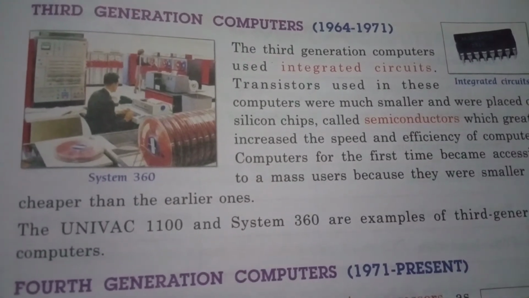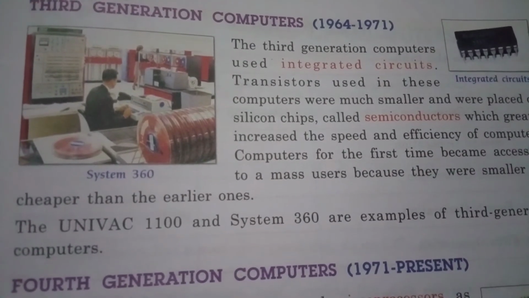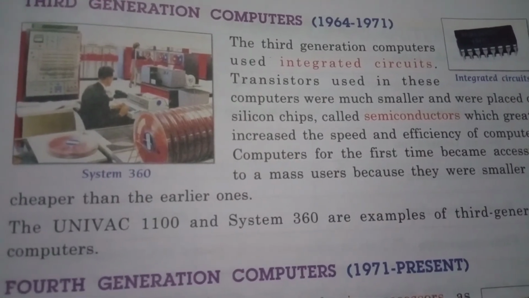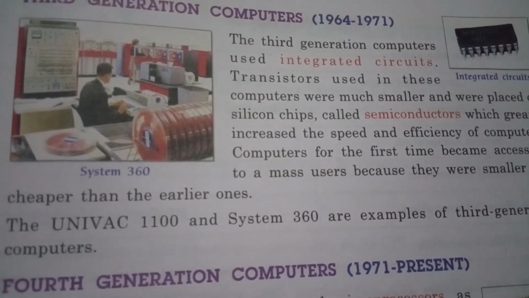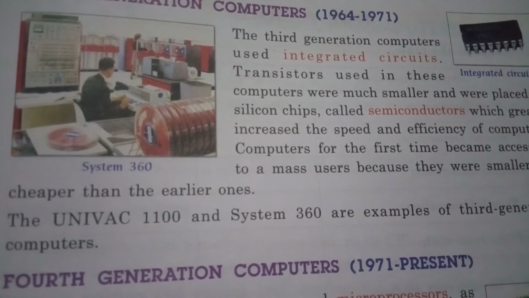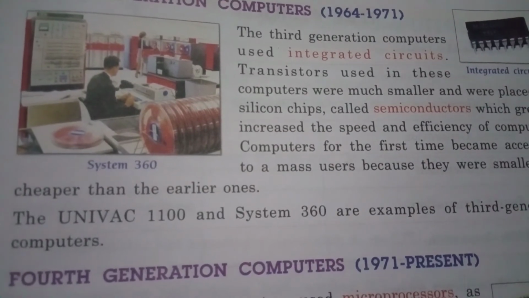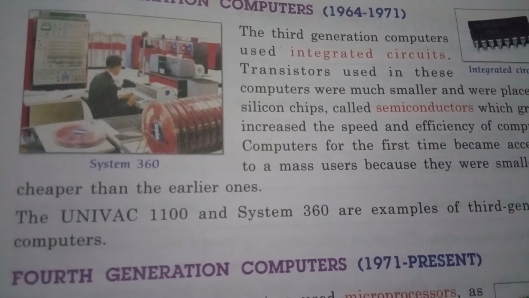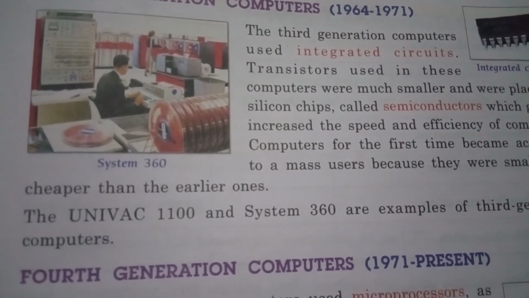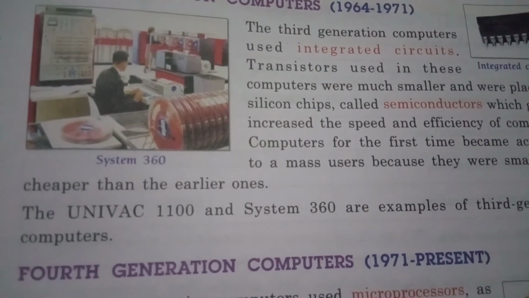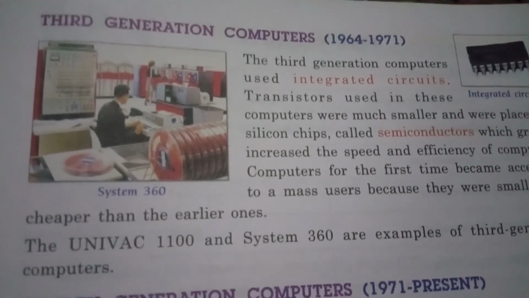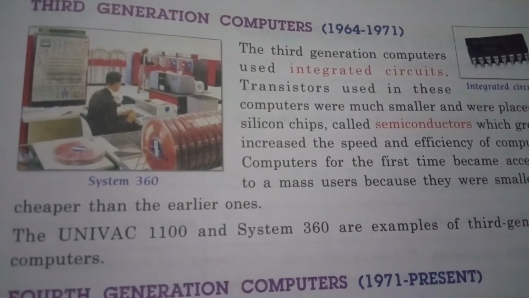The advantages of third generation computers are, computers become smaller, size became much smaller than second generation computers, less costly than second generation computers, faster in speed, and electricity consumed in this generation is less as compared to second generation.